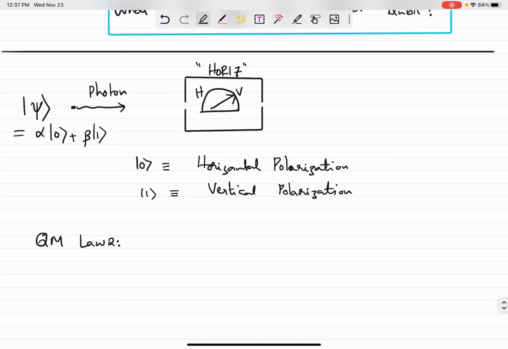So this measurement meter is going to say, okay, you are in horizontal polarization or in vertical polarization. Think of it as a digital readout. It says, okay, H or V, right? But it's not a deterministic reader. Okay, that's just the way nature works. Don't ask me to explain why. Okay, that's a law of nature.